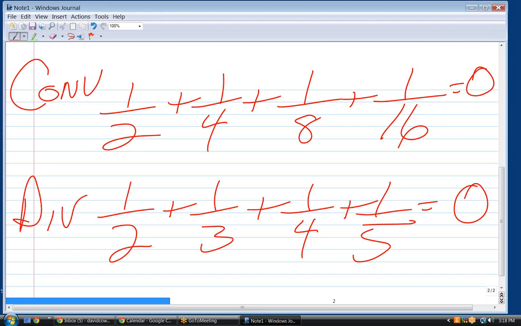Just because the limit of the nth term is 0 doesn't tell you a lot. It just tells you that it's possible for it to converge. If you get the limit of the nth term as being 1, or some number other than 0, then it's absolutely a divergent series. End of problem.